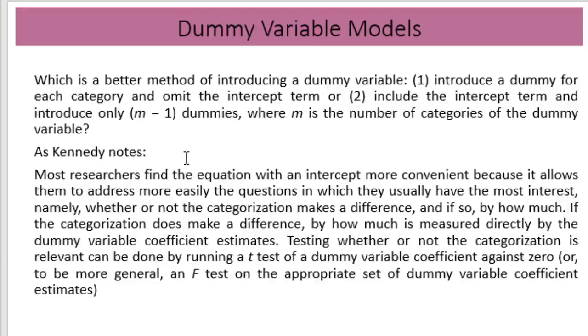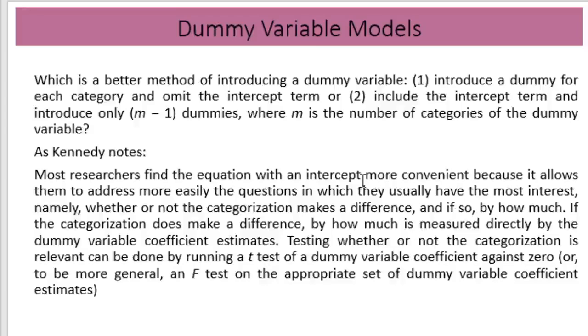According to Kennedy, most researchers find the equations with an intercept more convenient, that is, with m minus 1 categories of dummy. The reason is that it allows them to address more easily the question in which they usually have the most interest, namely whether or not the categorization makes a difference, and if so, by how much.